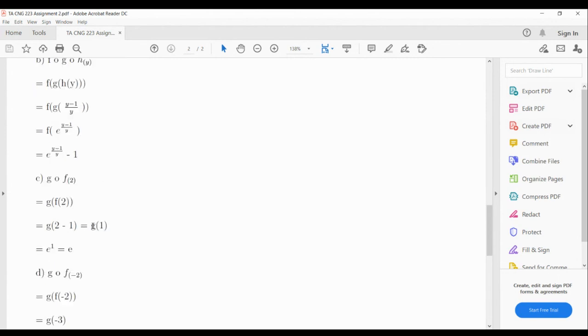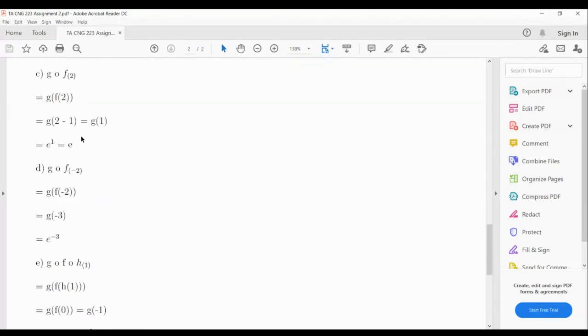So for g, I just insert 1 inside it, and instead of e to the power of a variable, I will have e^1, and the final answer is the number e. And don't forget, e is a number, not a variable. It's an irrational number, and you should be careful not to mix it with a variable.